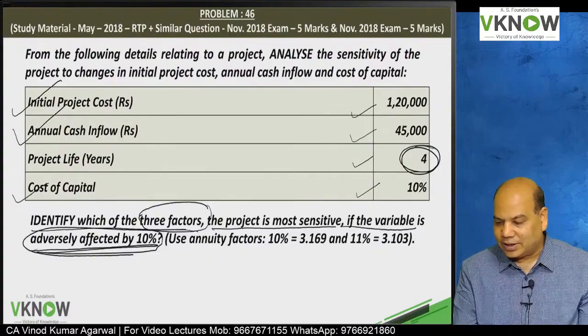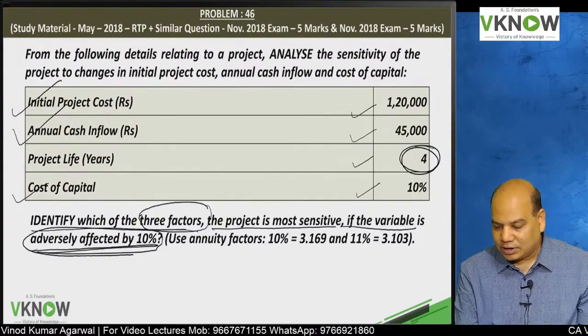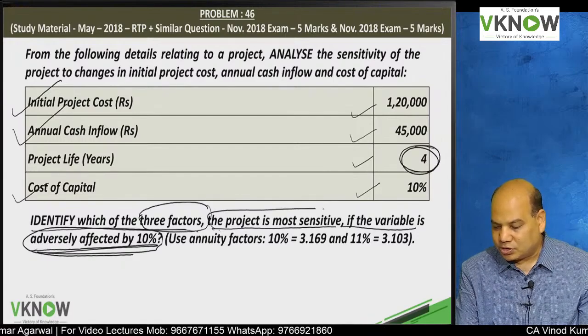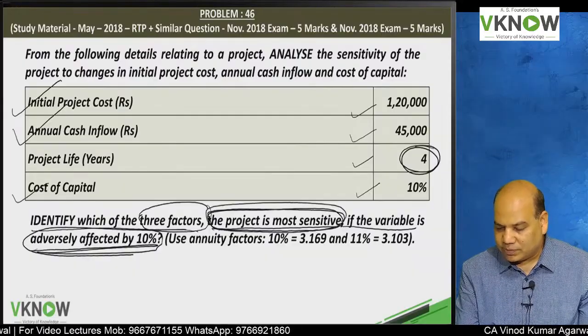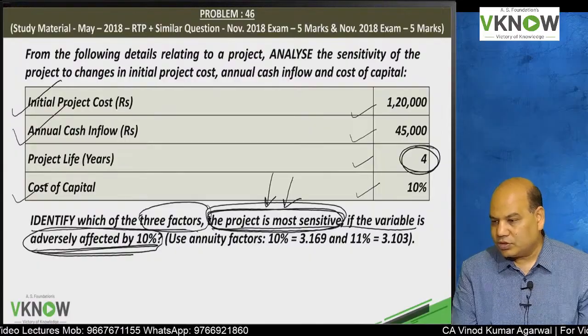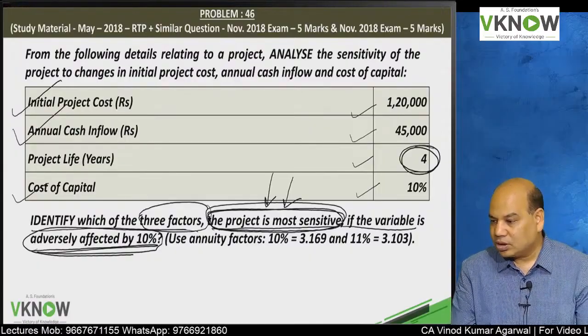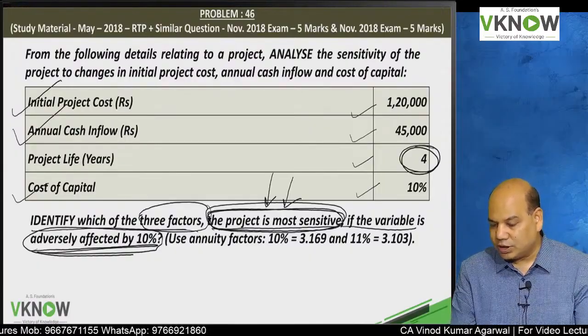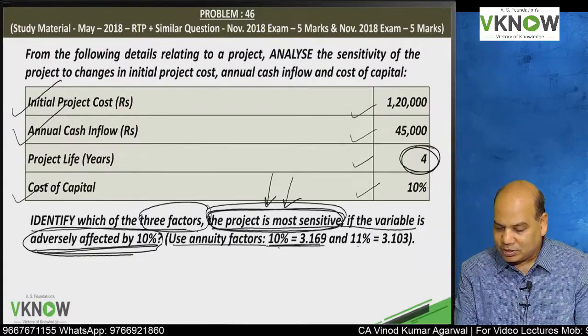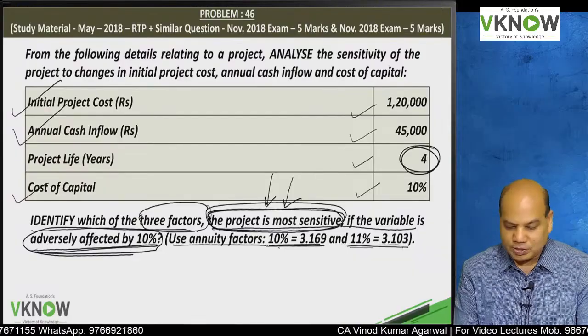If these variables change by 10%, like the previous question, how much will the NPV change? What is the percentage change in NPV? And the project is most sensitive to which variable? To help you, they have given the annuity factor at 10% and at 11%.